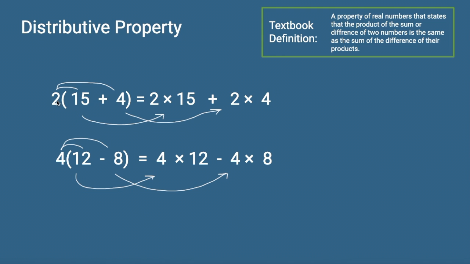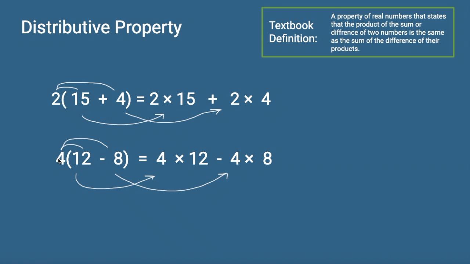But what we could also do, and it will come in very handy when you get to more difficult numbers, especially if you don't know what a number in here is, if it's a variable, is that you multiply the outside 2 by 15, and then you add that with 2 times 4. So 2 times 15 plus 2 times 4. This expression, or this side, is the same thing as this side, hence the equal sign.